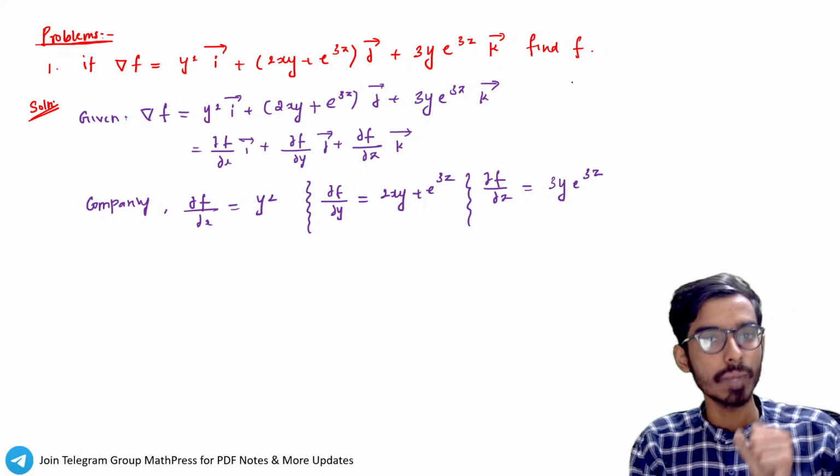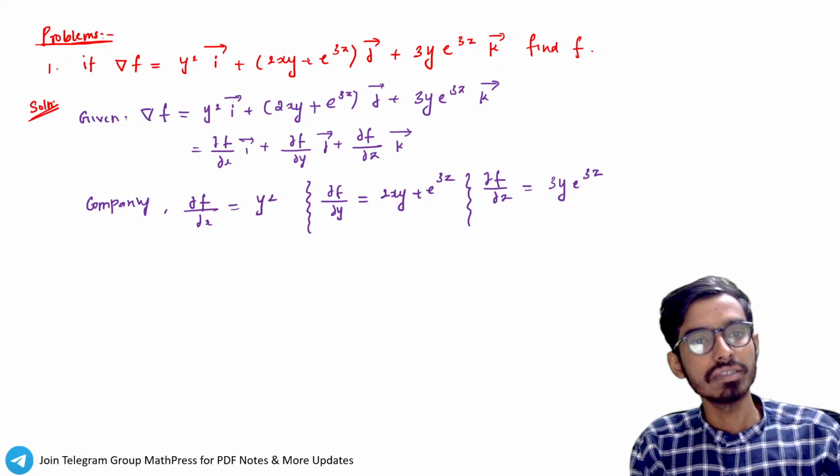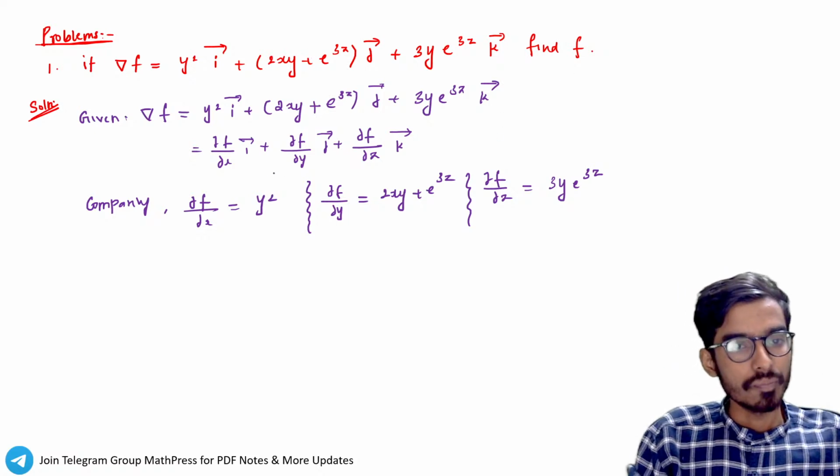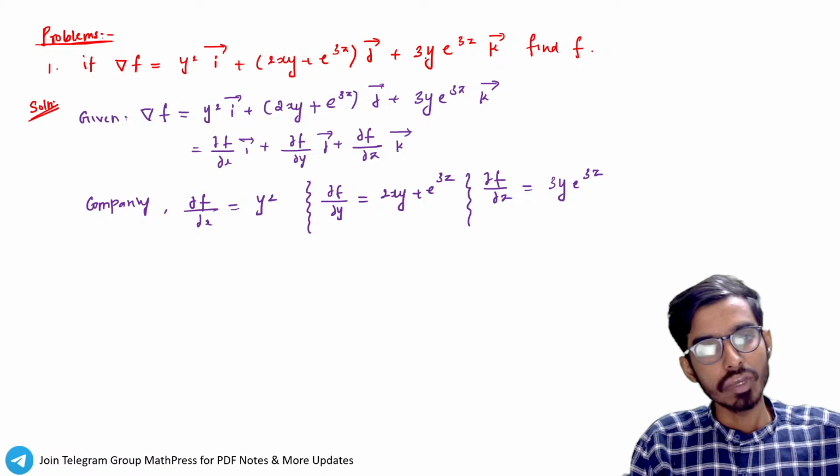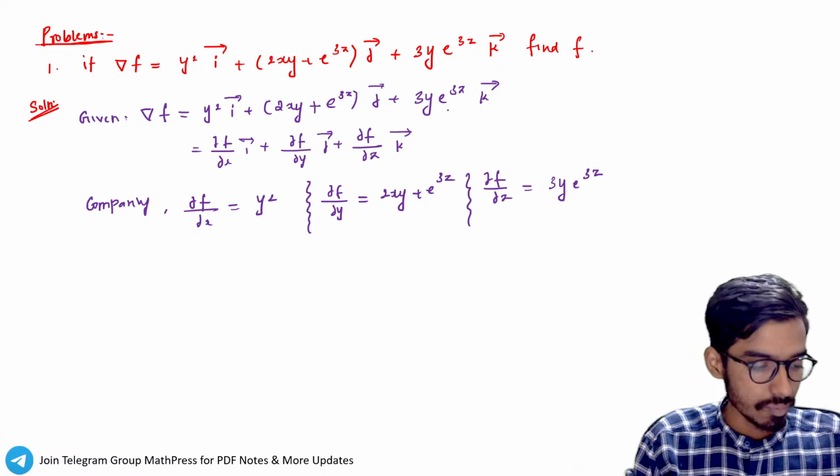You need to find a scalar point function whose gradient is this.